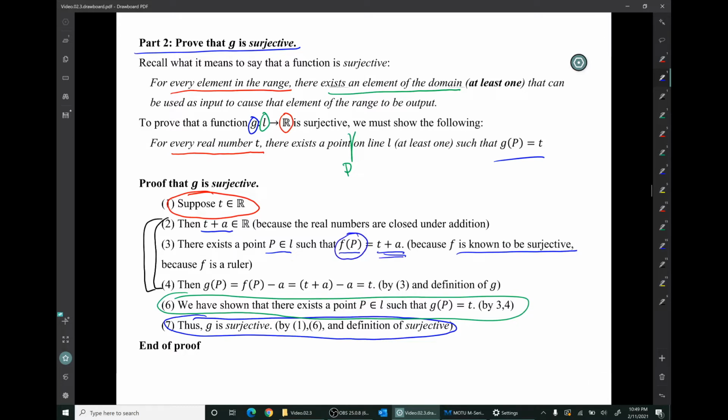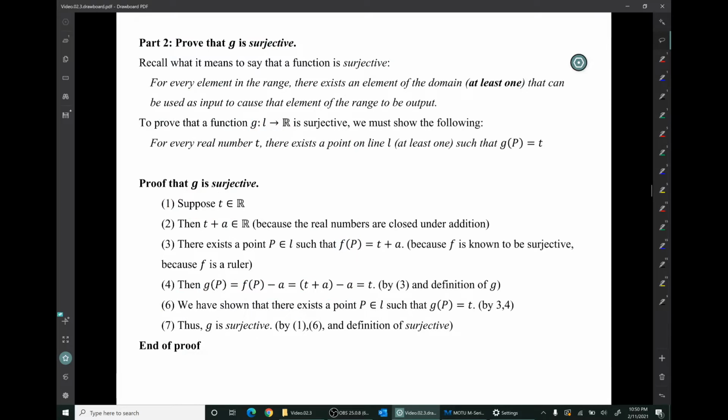Now, that means that when we compute G of P, well, G of P equals f of P minus a. But for f of P, we can substitute in that quantity. And so we end up with this tricky little operation here: t plus a minus a equals t.